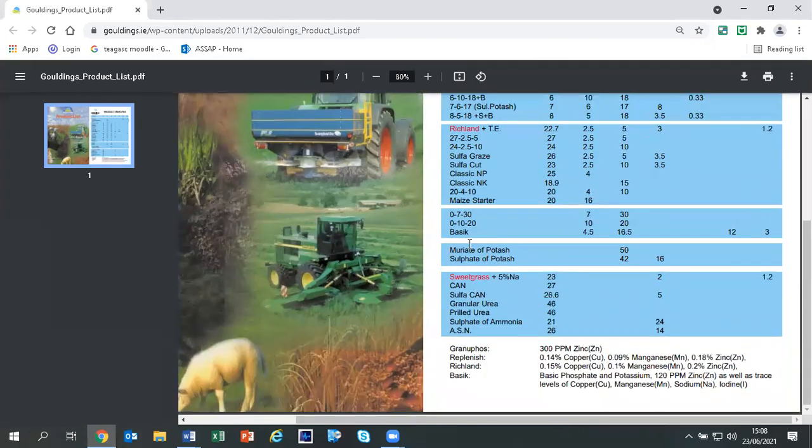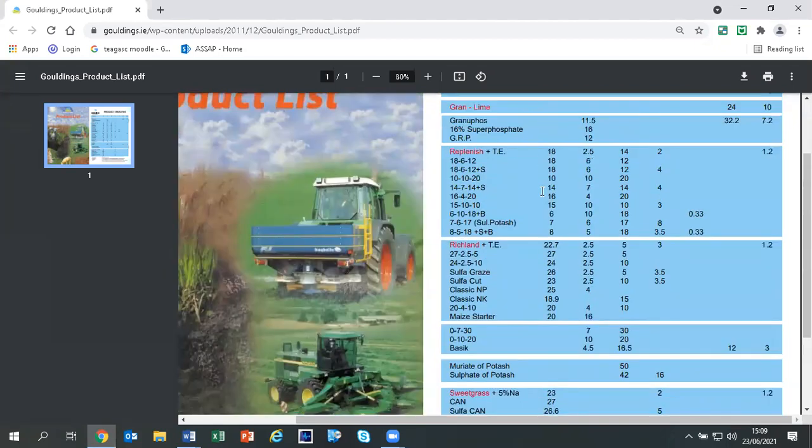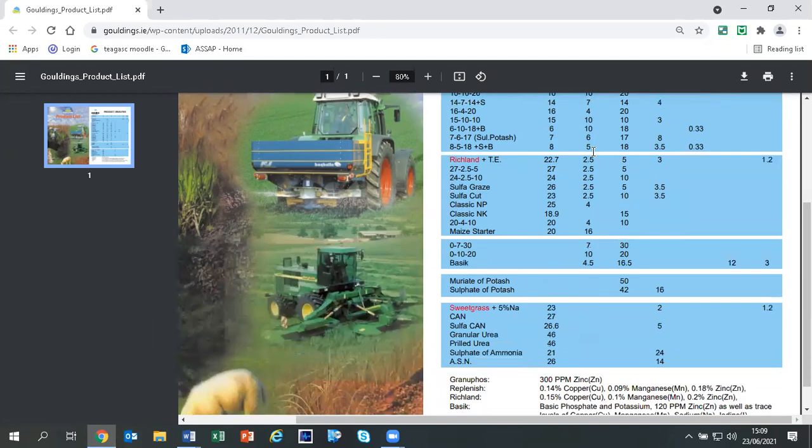And then we also have the likes of your muriate of potash, which only contains potassium and doesn't contain any nitrogen or phosphorus. So that is the breakdown of our different fertilizer types. And then we have these ones here, which are compounds, but they are nitrogen heavy. So that's a breakdown of our different products.